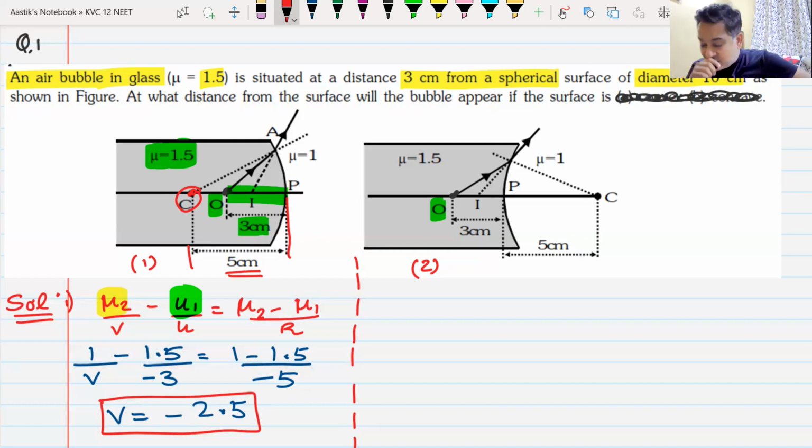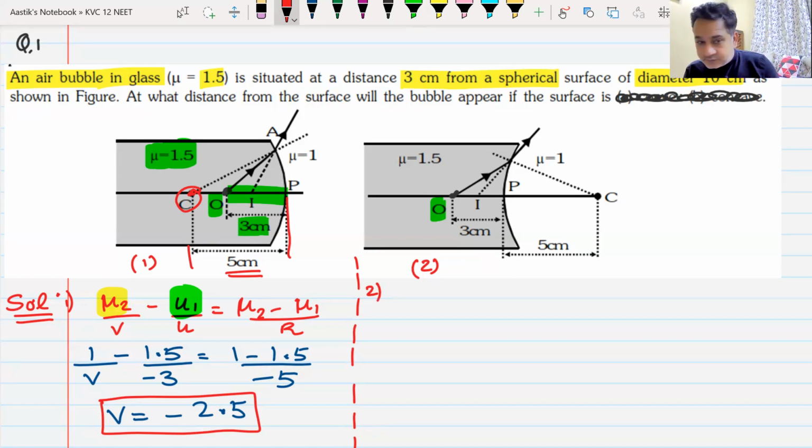Now let us move on to the next one, number 2. I'll give you 2 minutes again to solve it. Write the correct formula, put the correct values, put the correct sign convention, solve it correctly. That is probably the most difficult aspect for you, to solve it correctly. Take your time, but give me an answer.